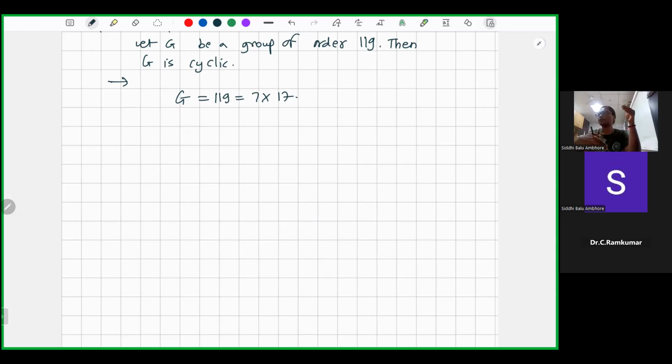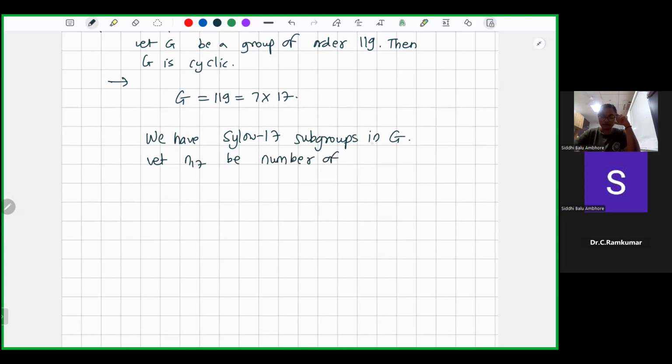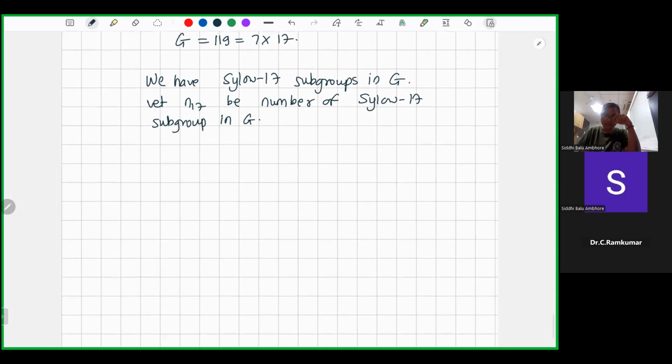We can follow the similar process, or what we can do is this: 17 divides the order of G. So we have a Sylow 17 subgroup in G, and let N17 be the number of Sylow 17 subgroups in G.